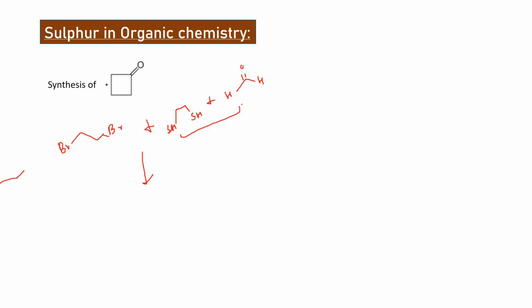If this reacts first, it forms this type of anion. And if you take a proton from this position, there will be generation of a negative charge here.